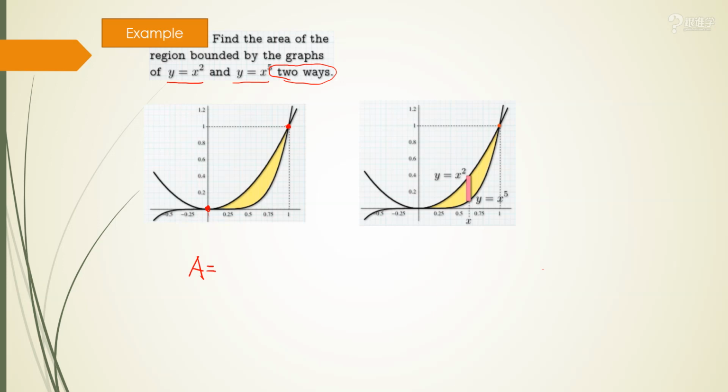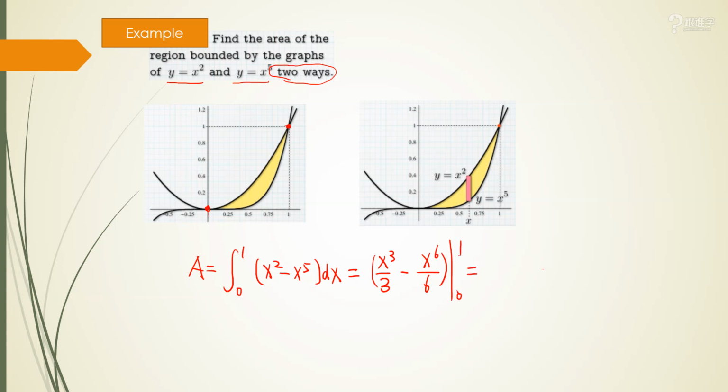The total area is going to be the integral from x equals 0 to x equals 1 of the area differential, which is top curve minus bottom curve, times dx. The antiderivative is 1/3 x cubed minus 1/6 x to the 6, to be evaluated between 0 and 1.